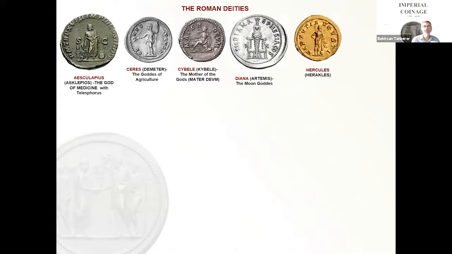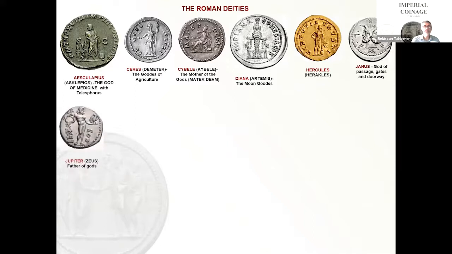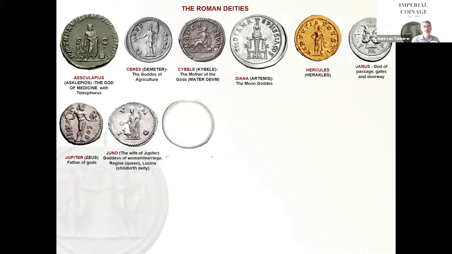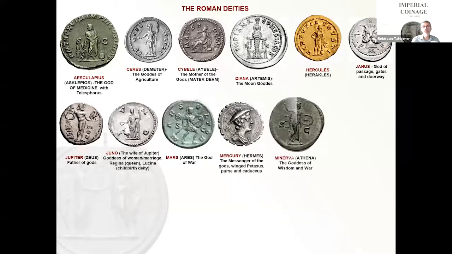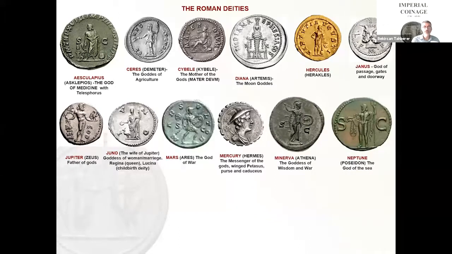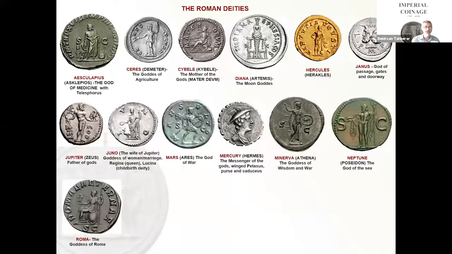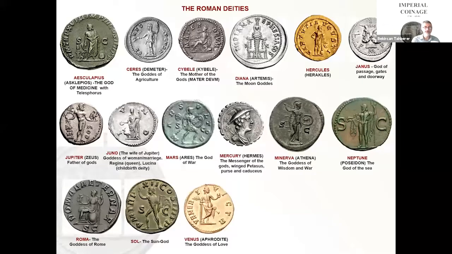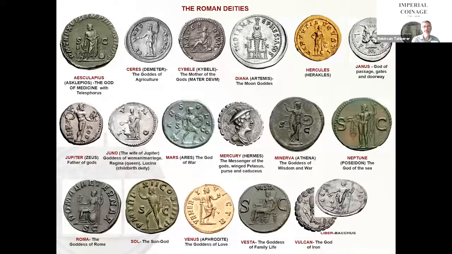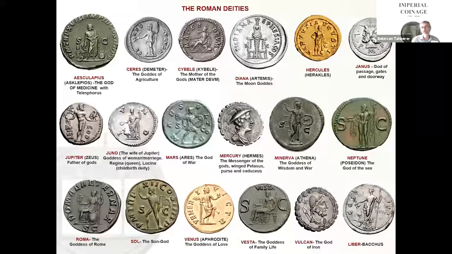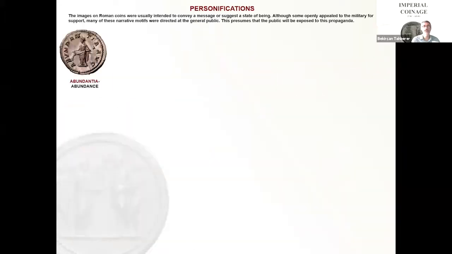Diana, Hercules, Janus, Jupiter, Juno, Mars, Hermes or Mercury, Athena or Minerva, Neptune or Poseidon, Roma, Sol, Venus, Vesta, Vulcan, and Liber, Bacchus. Of course, there are more gods and goddesses. I just wanted to give you a short list of what is depicted on the coins.